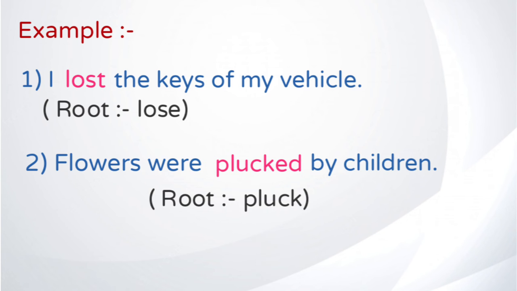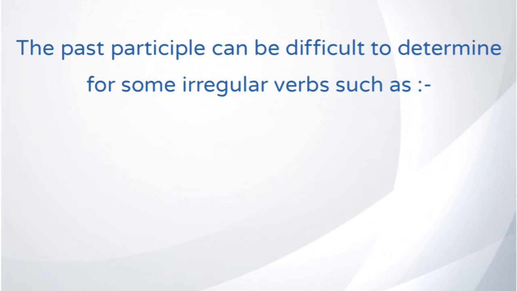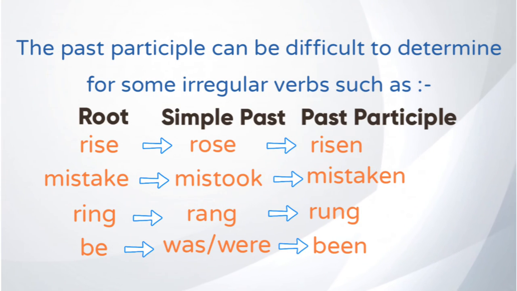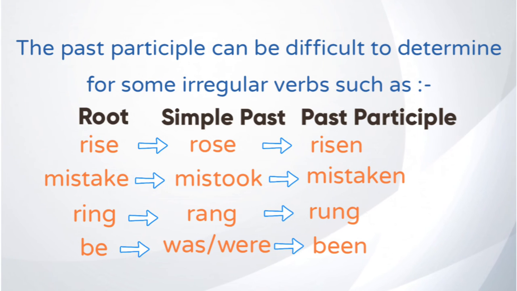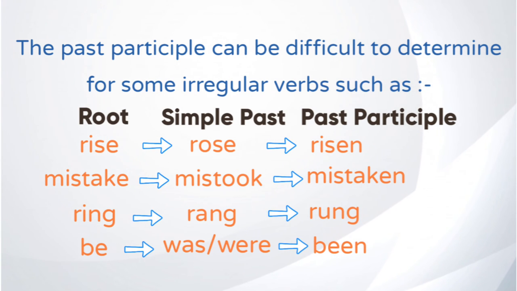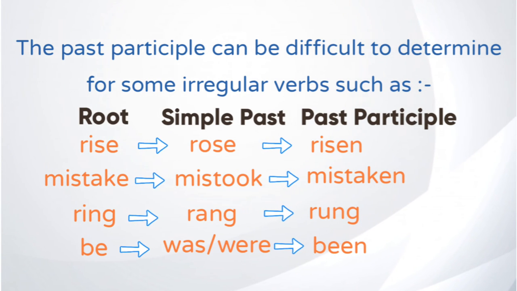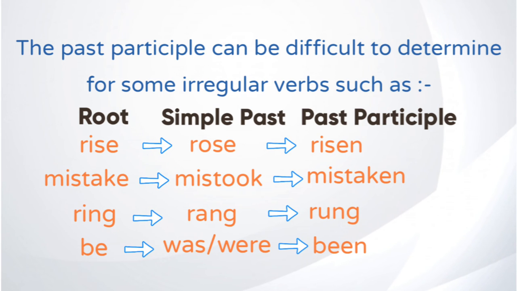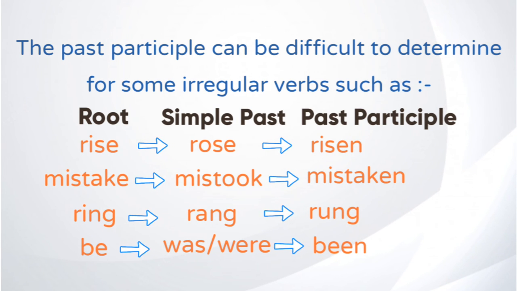This we saw for regular verbs, but the past participle can be difficult to determine for some irregular verbs. For example, if I'm showing rise as a root word, it becomes rose in the simple past and risen in the past participle.